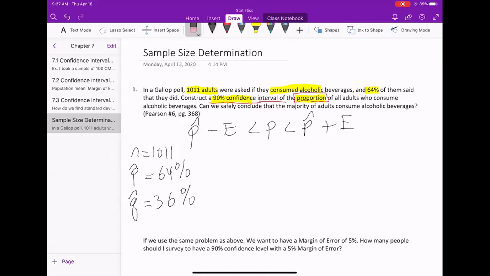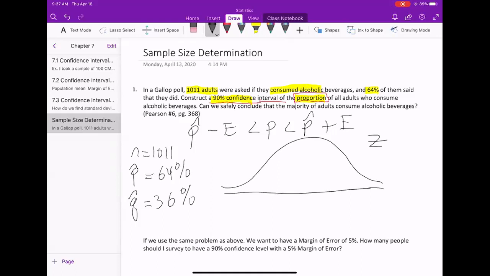So I'll leave my formula there. It's okay for now. I just have to give myself more space. So if I build my bell shape, because it's a proportion problem, and every time it's a proportion problem, it is a Z, right?